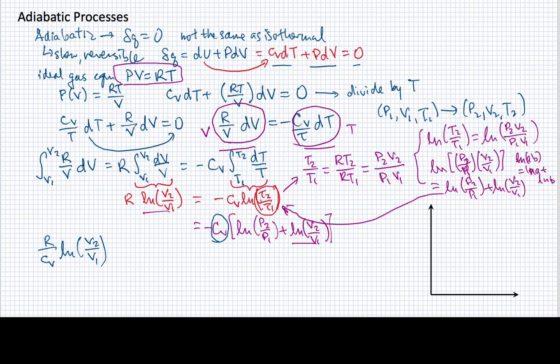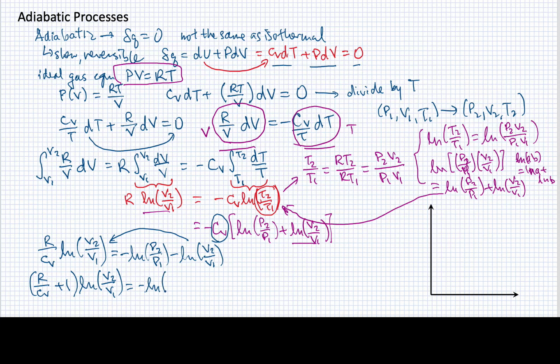And that will be equal to negative log of P2 over P1 minus log of V2 over V1. So now if I bring this part over to this side of the equation, I'll end up with R over CV plus 1 times log of V2 over V1 is equal to negative log of P2 over P1.